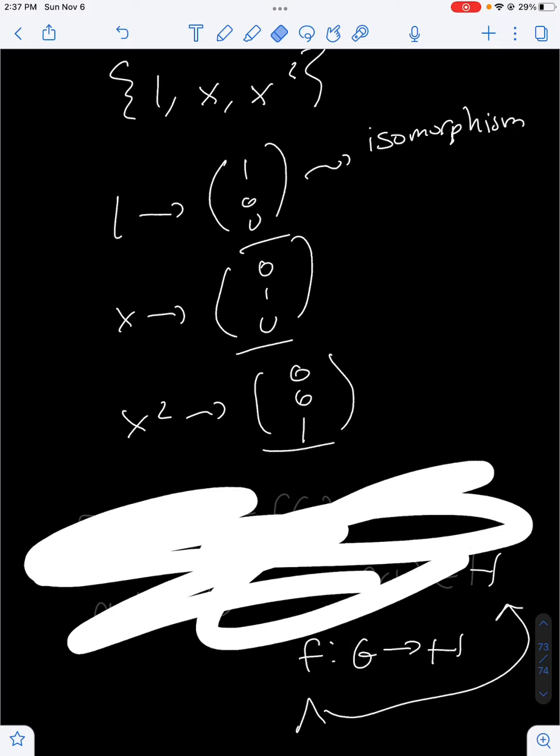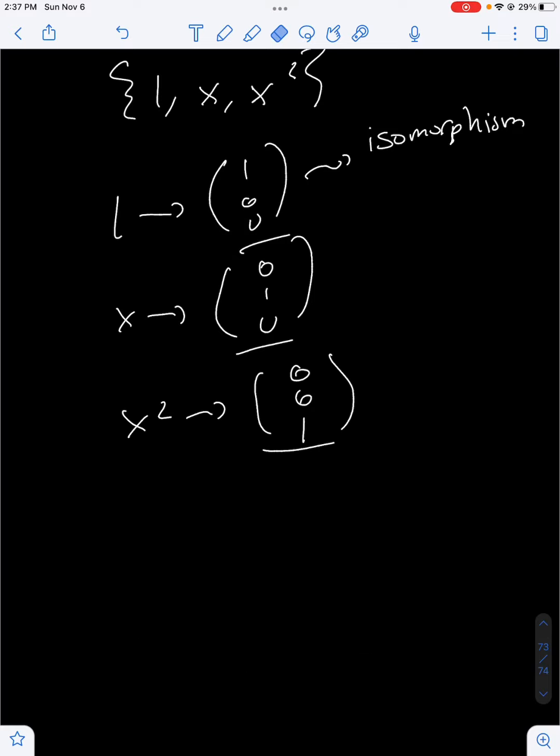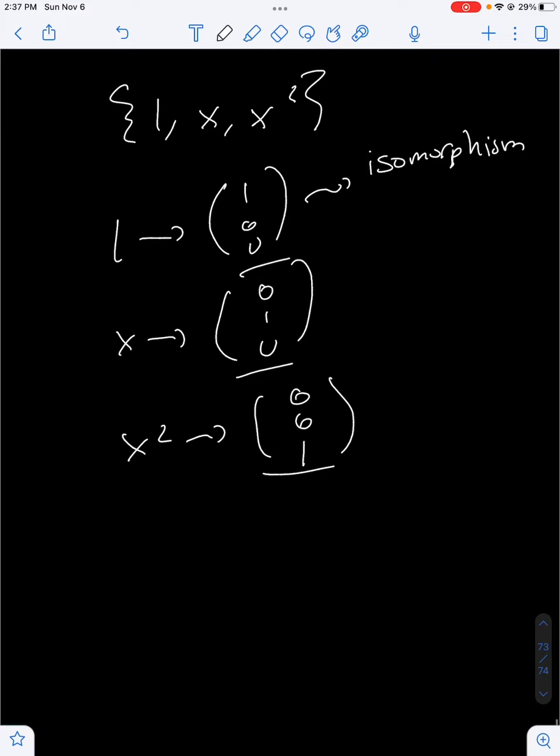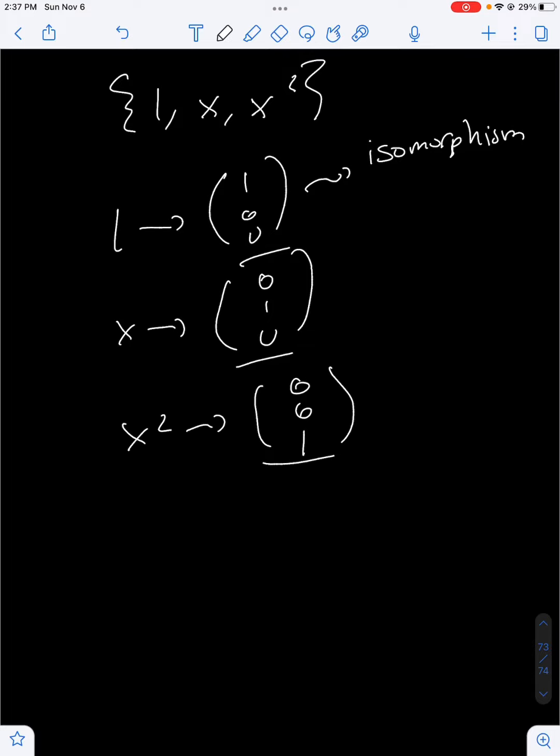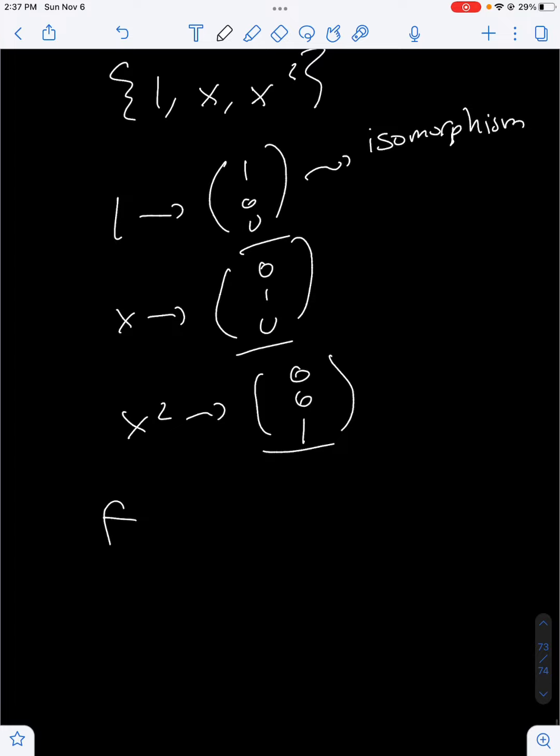For those that don't know about isomorphisms, I made a video on that a while back in my group theory playlist. To prove that this is an isomorphism, we take the function of these basis vectors, like 1 plus x, and show that it equals f of 1 operated with f of x.